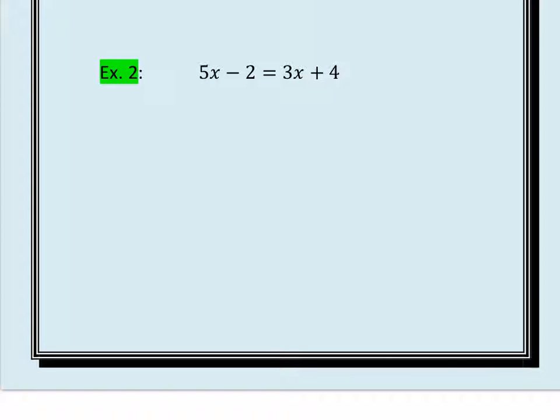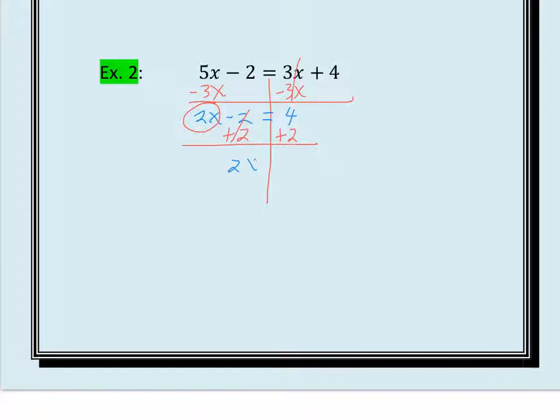I will do it quietly. So your value is x equals 3.